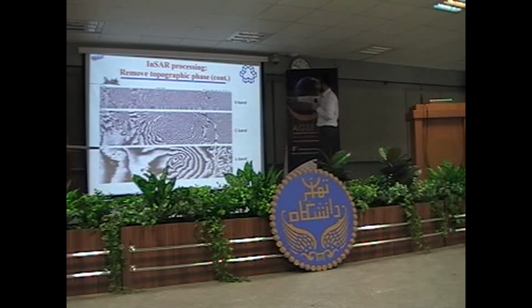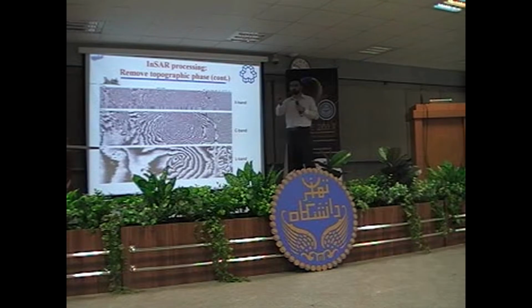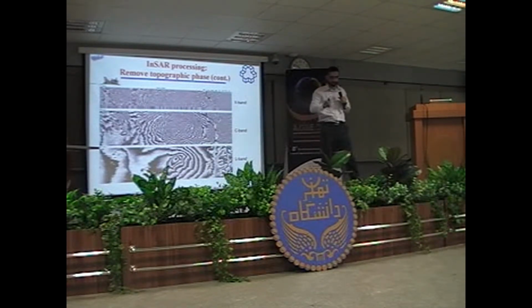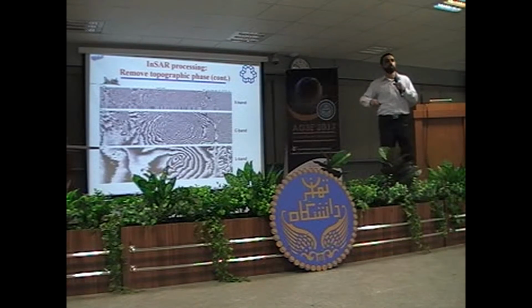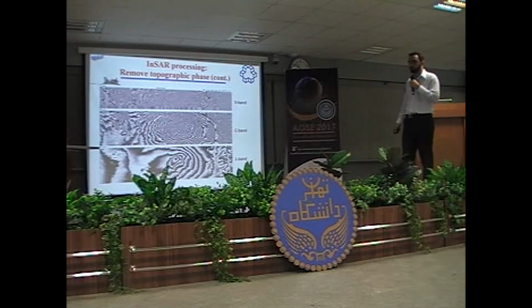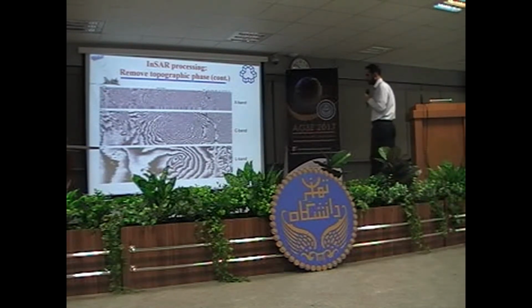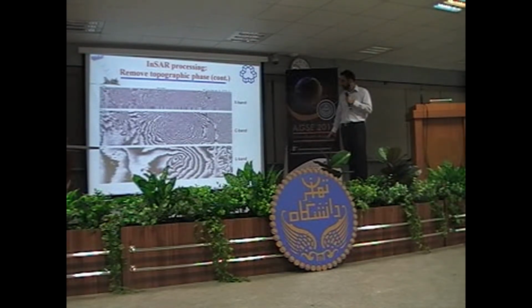For the smaller wavelength images, the distance between fringes is smaller compared to the L band. So we can say that, for example, the TerraSAR image could be a more accurate type of image for calculating the DEM because the wavelength is smaller compared to, for example, the ALOS images. So it directly affects the fringes.